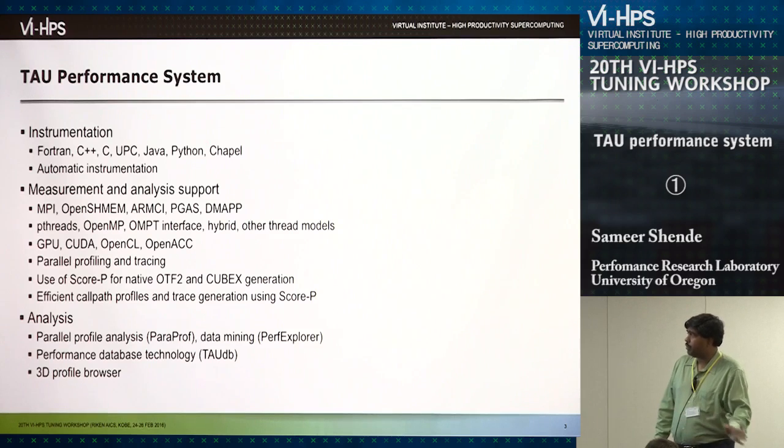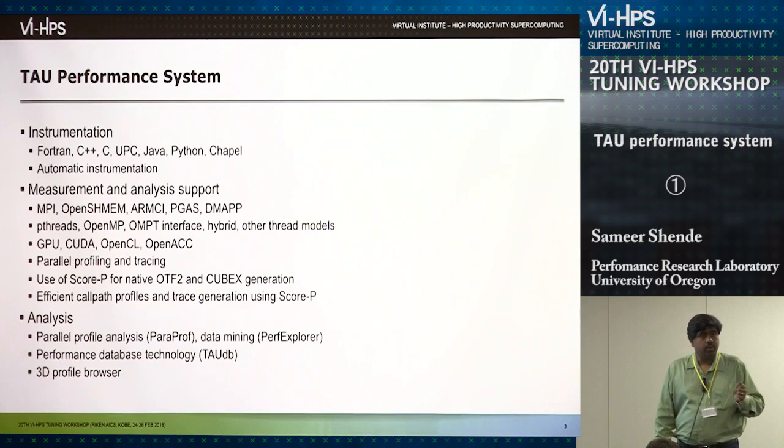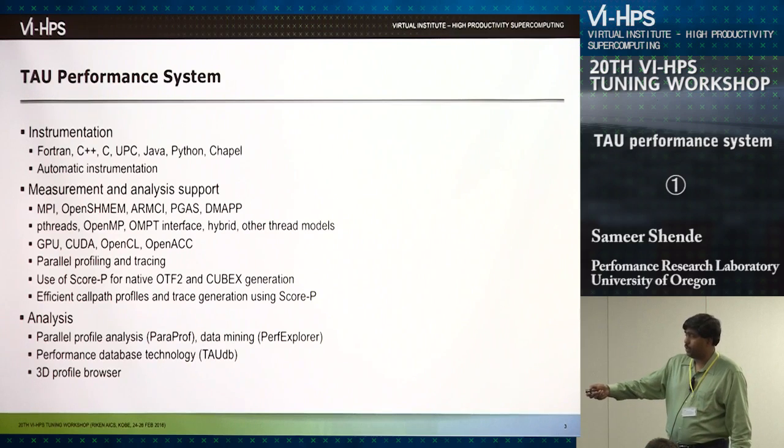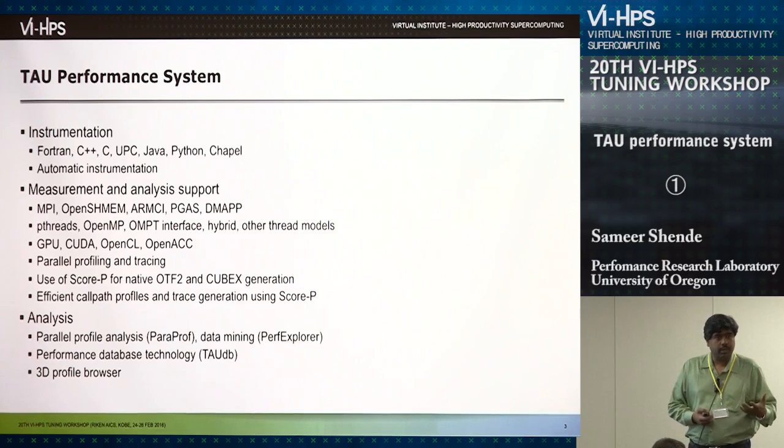And we have support for a variety of different threads and runtime systems. What we'll see here today is MPI with OpenMP. We will use Score-P for native trace generation, and Score-P provides a very efficient generation of call paths.